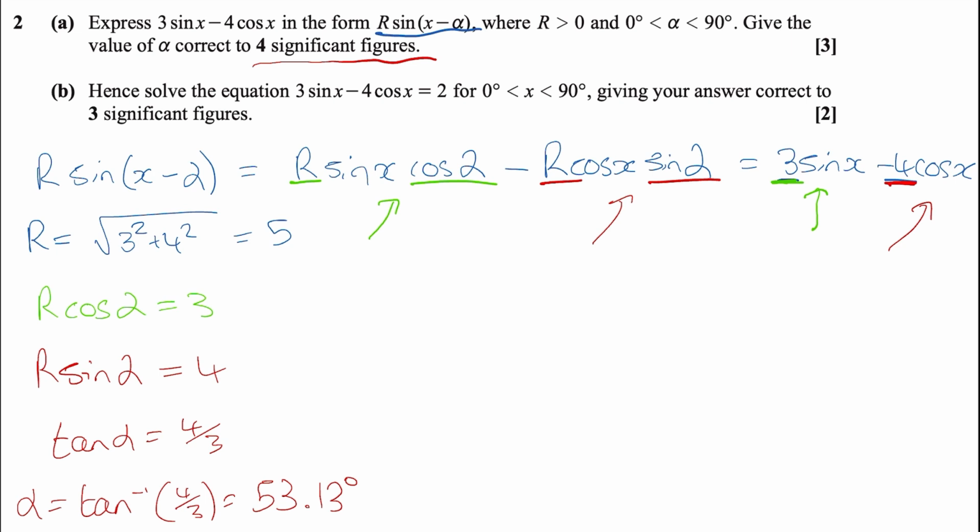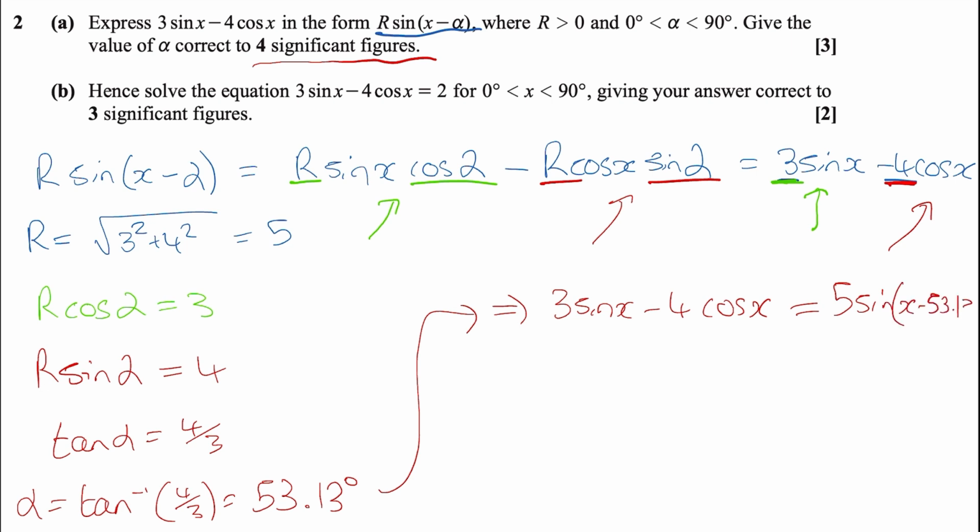To get the last mark, we need to write it in the form that it's asked us. So therefore, 3 sine x minus 4 cos x equals 5 sine of x minus 53.13 degrees. And that is our final answer there.